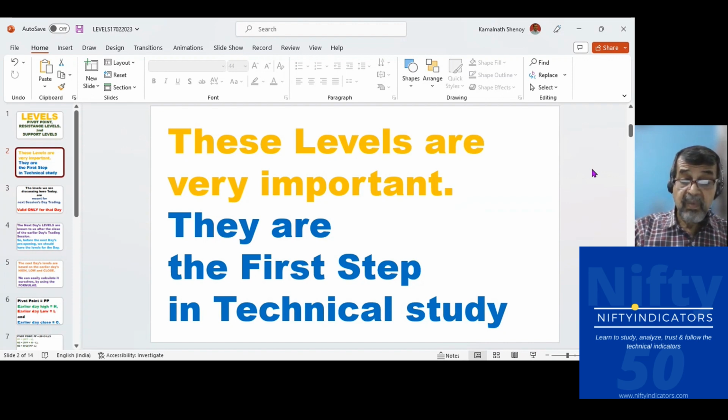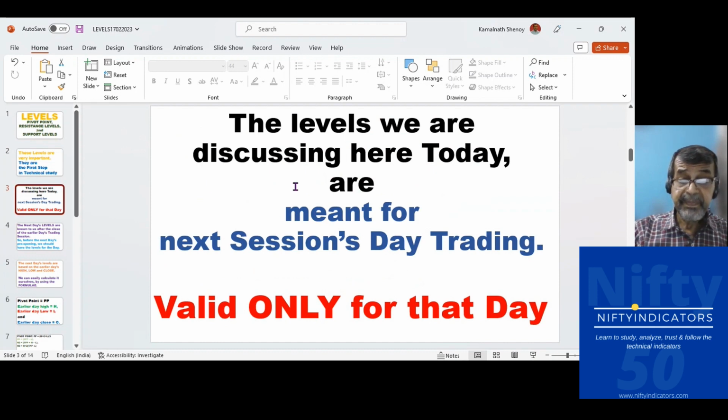So we need to have it ready when we are or before we start trading. Mind you, this is calculated on the earlier day's movements and valid only for the next trading session. That is, whatever we are calculating today is valid only for Monday.